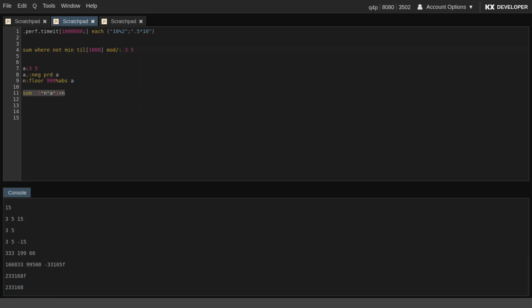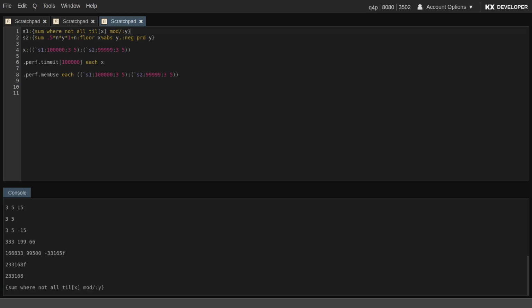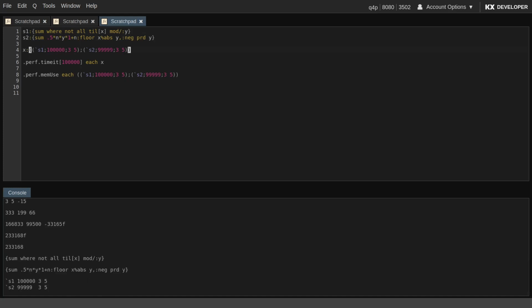So the actual performance then of these solutions, I told you this one was constant time, whereas this one increases with n. So if I just go over to my other scratchpad here, I've put both of these solutions into functional form, S1 and S2, and I have the timing function, as I showed you before, that just runs each of them for this number of times, but this memory use also will measure the actual memory requirements.